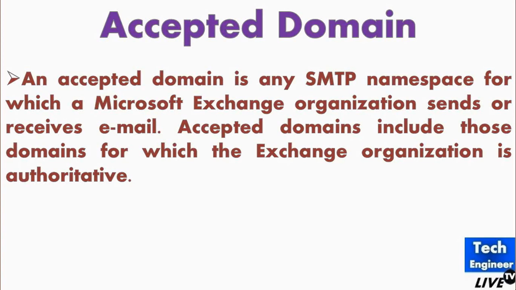To understand more about that, an accepted domain is a kind of SMTP namespace for which a Microsoft Exchange organization, for example, sends or receives mail. That's happening because of the accepted domain only. Without it, you're not able to send or receive mails, whether outside or inside the infrastructure environment.